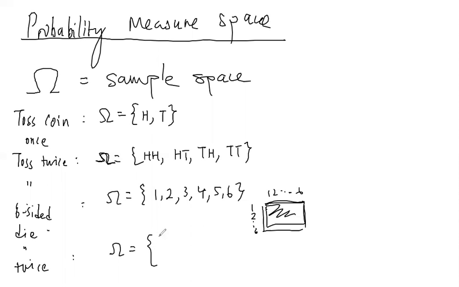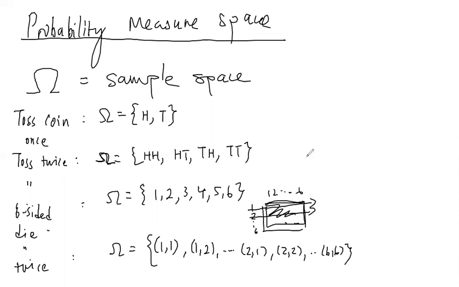You will have 1,1, 1,2 to describe this row, and then 2,1, 2,2 to describe the second row, and so on, until the last one is 6,6. So these are examples of the sample space. Everyone clear about that?